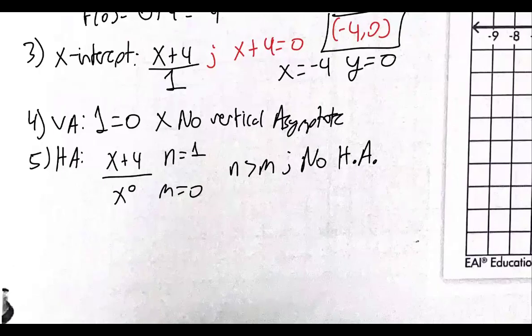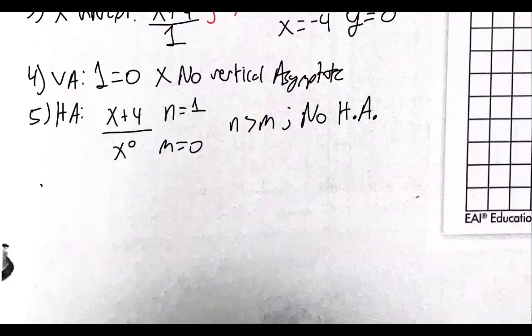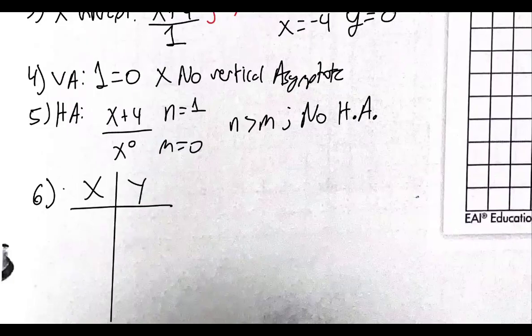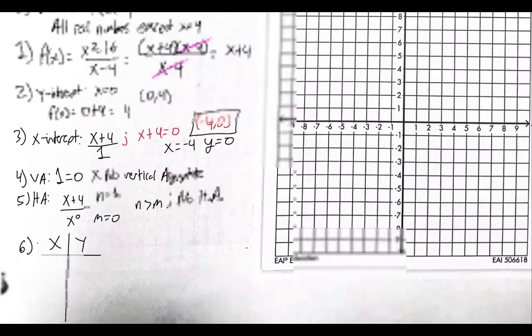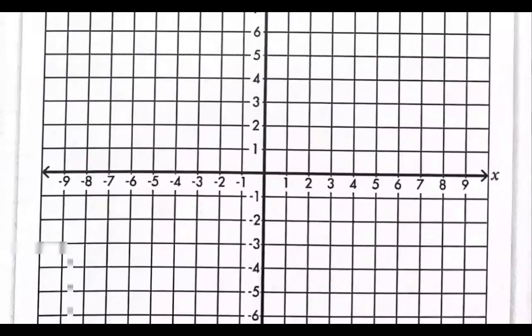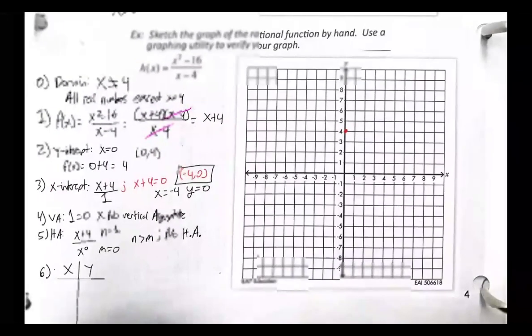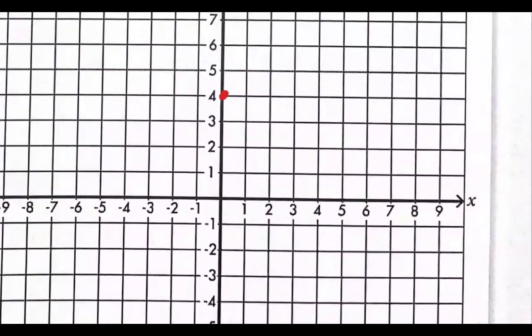Any questions on number 5? Okay. At number 6, we're gonna draw a grid. So we have a y-intercept of 0, 4, which is right here. We have an x-intercept at -4, 0.